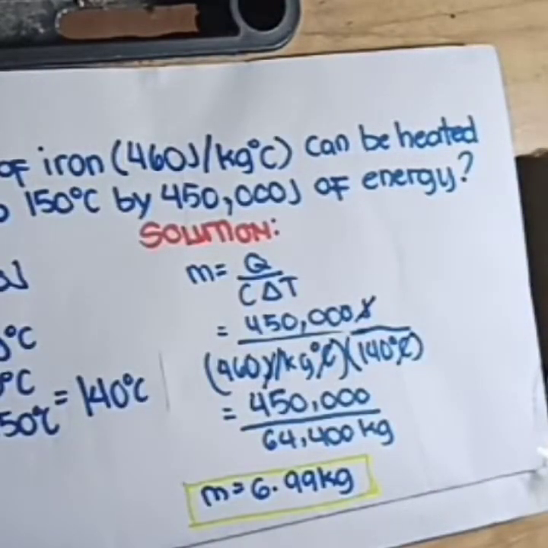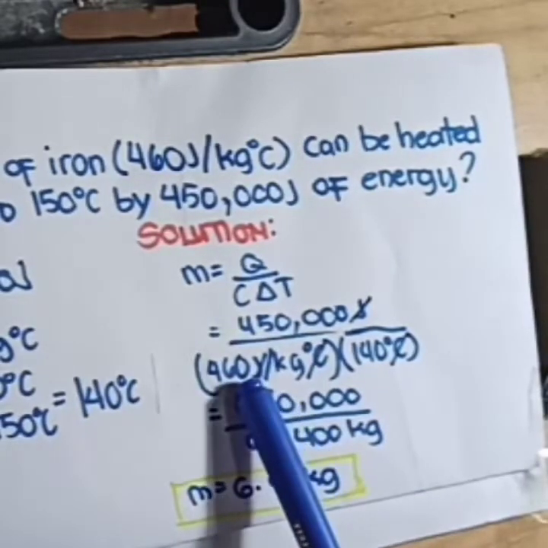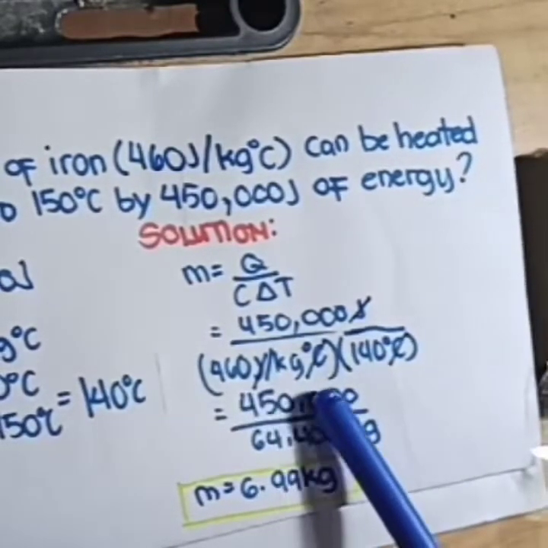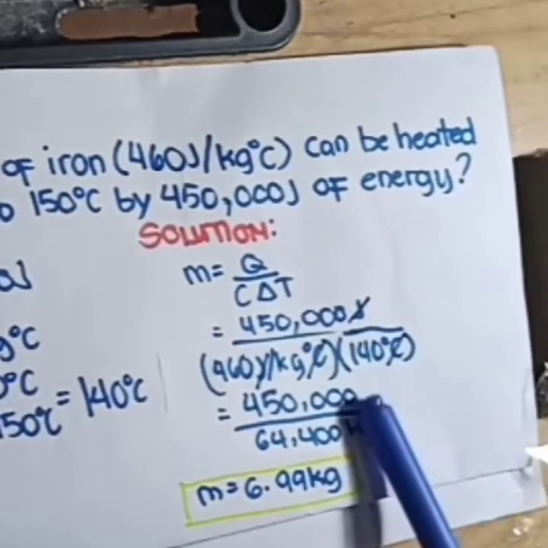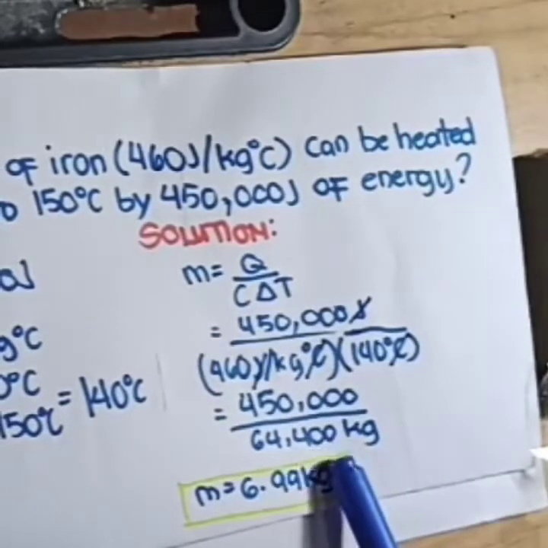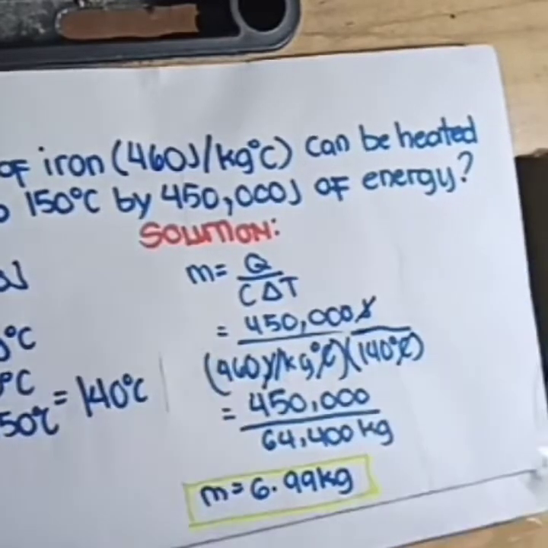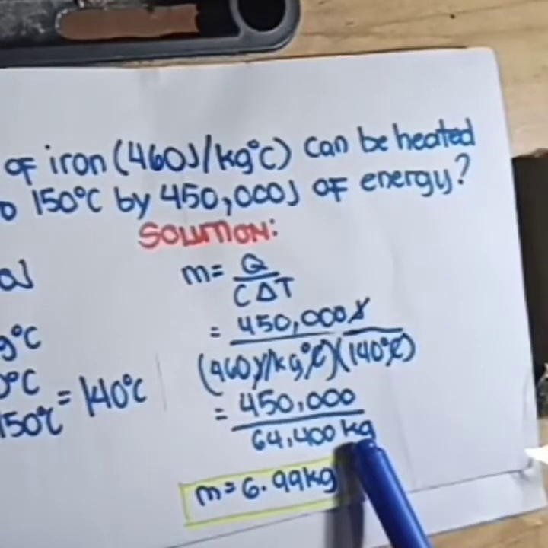So the remaining is the kilogram. So now let's proceed to step 3. So the 460 kilogram times 140 is equal to 64,400 kilograms.